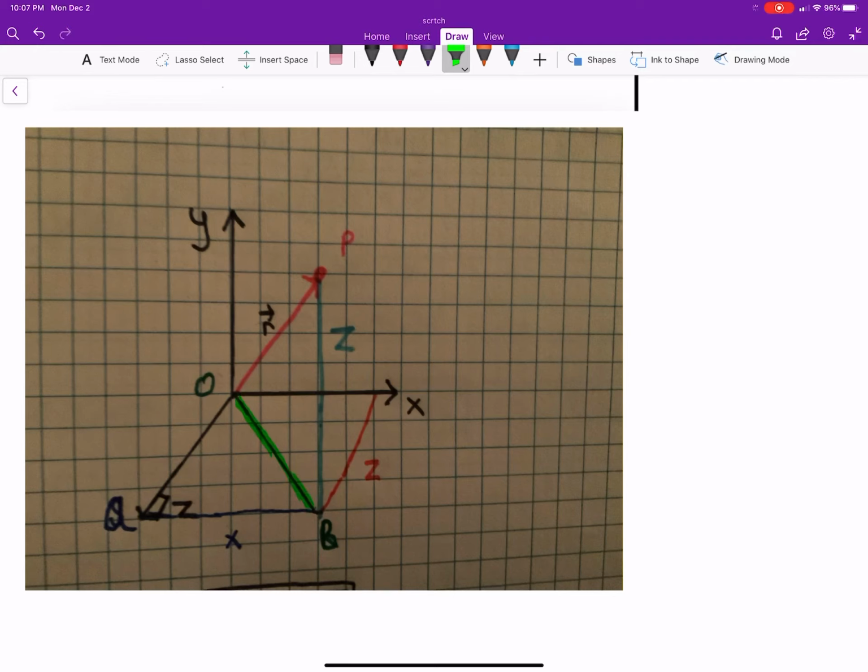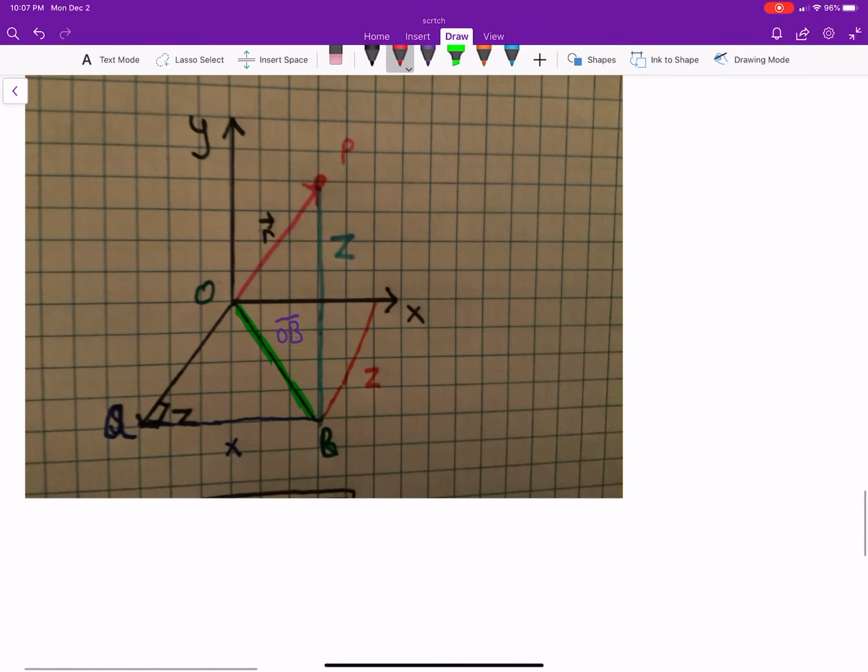This bit is the line segment from the origin to point B. Now, when we look at this line here, it will go parallel with our x-axis, and that'll also be perpendicular to our z-axis. So that's going to form this right angle here.